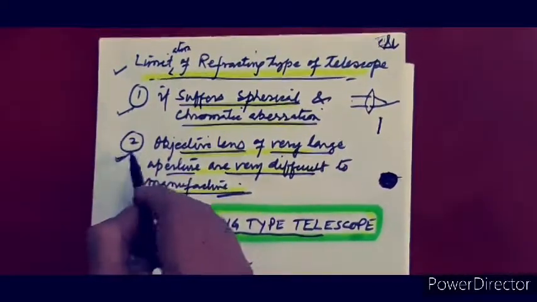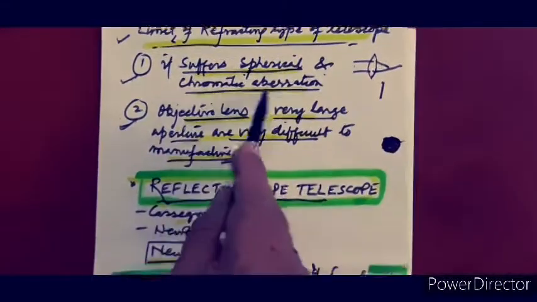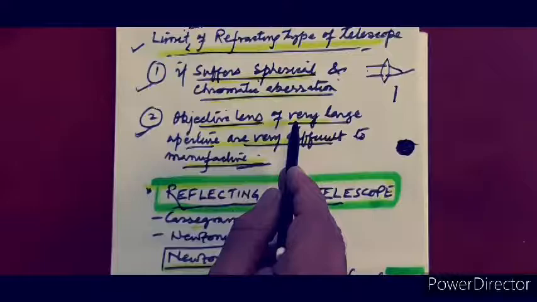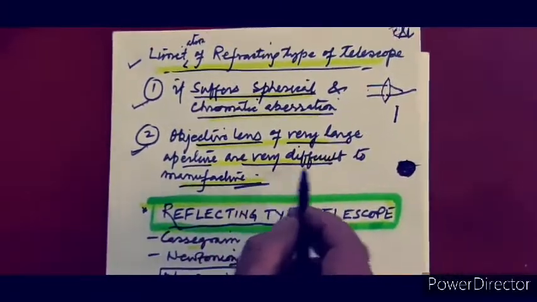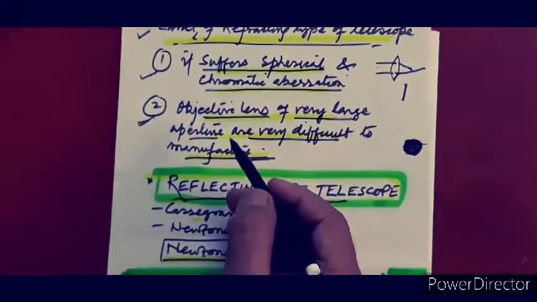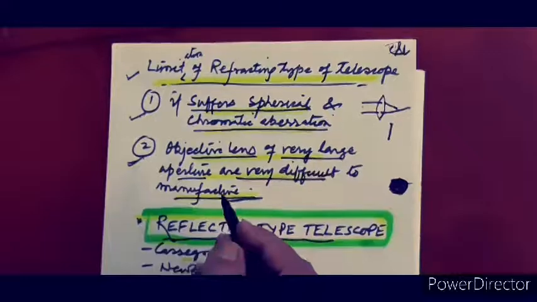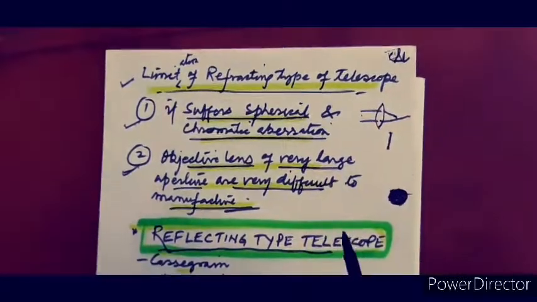These two are very, very important limitations. That is why scientists have tried making a reflecting type of telescope.